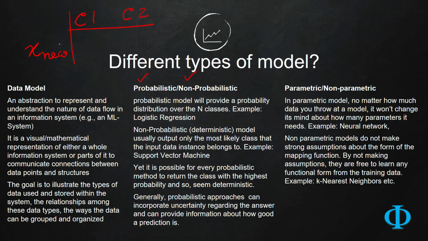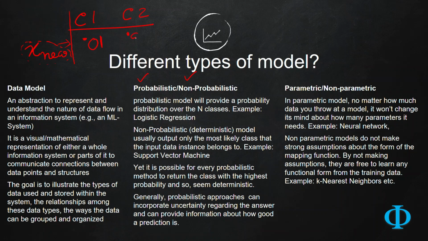Whenever you pass this new input variable through the model, what you will get as output is the probability of this X new to be in class C1. Let's say this is 0.01. And also, what is the probability of X new to be in the class C2?